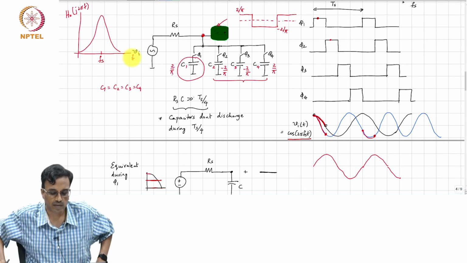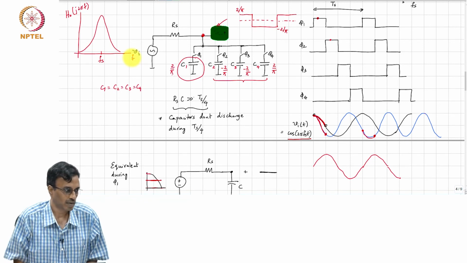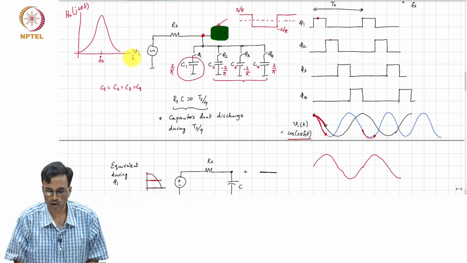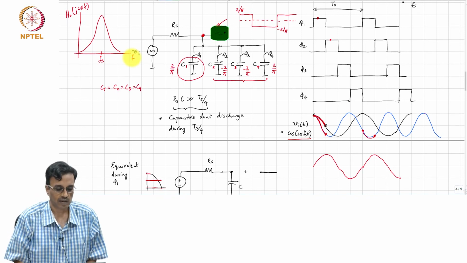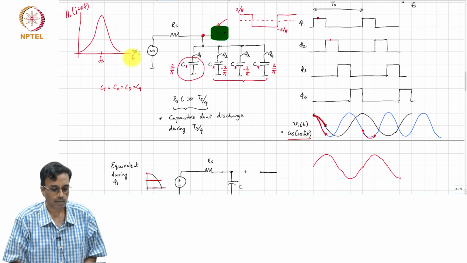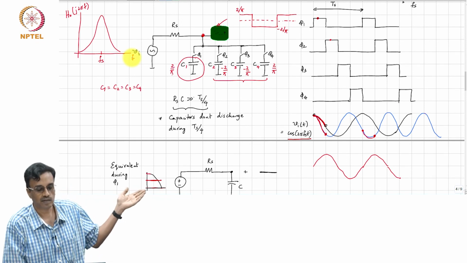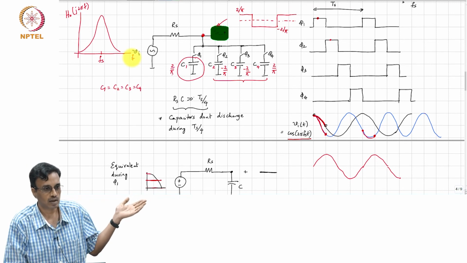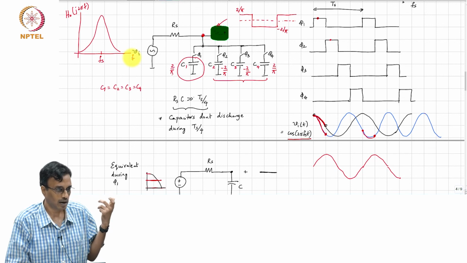Right, and this is of course just an intuitive explanation. We should do this a lot more rigorously, and we are going to do that later on. But at this time, this is just giving you the intuition. What does this response curve remind you of? It reminds you of the response of a band pass filter, right?